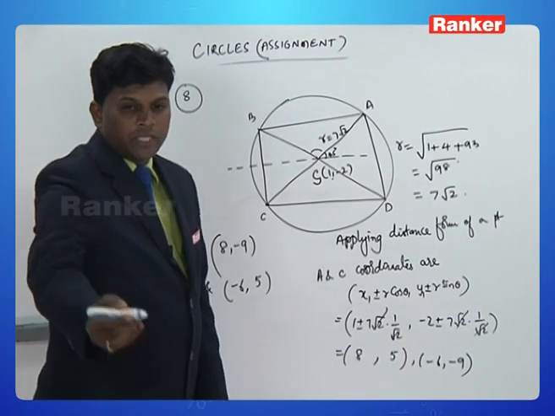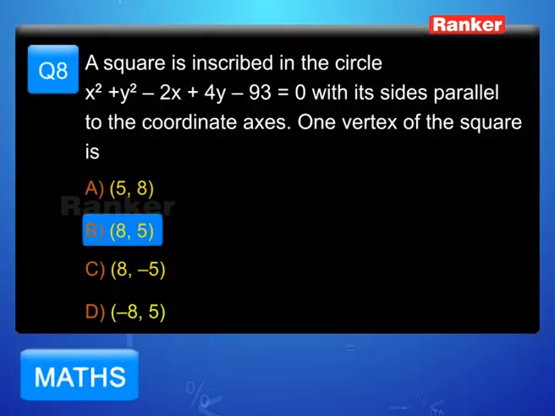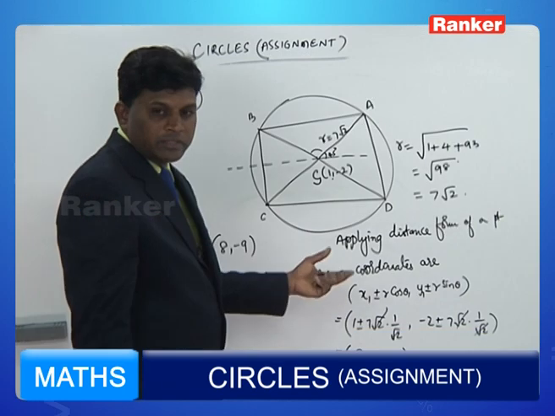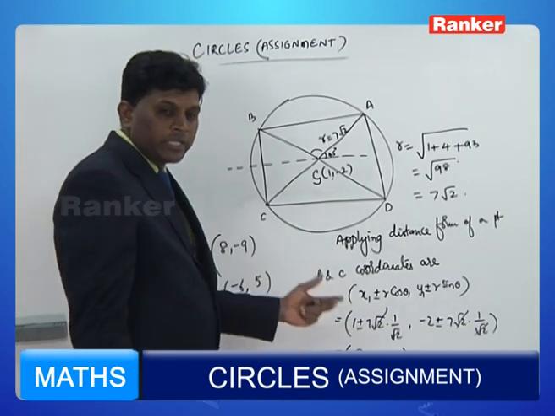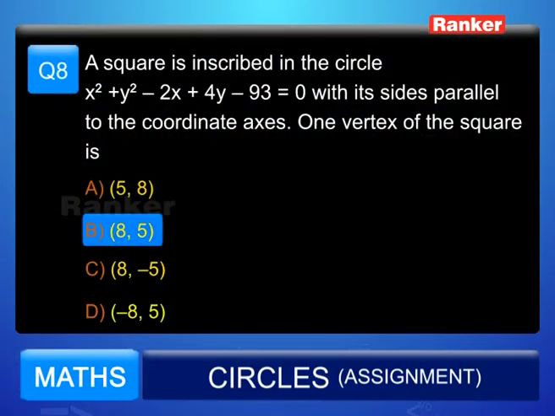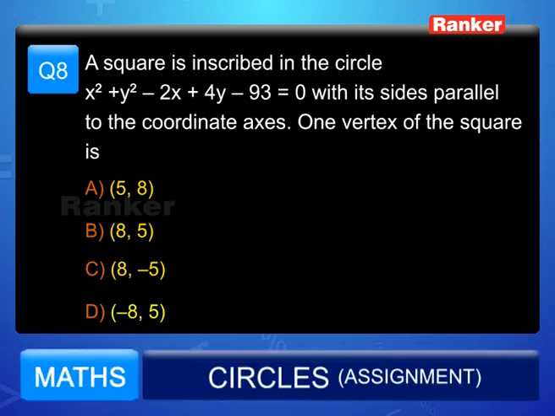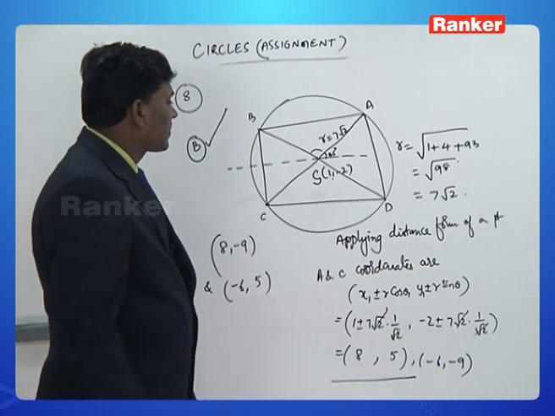So if we observe the options here, option B, (8, 5), is observed directly here, and no other option tallies with any other case. That is why clearly (8, 5) is one of the options, that is clearly option B. So the right answer to this question is option B.